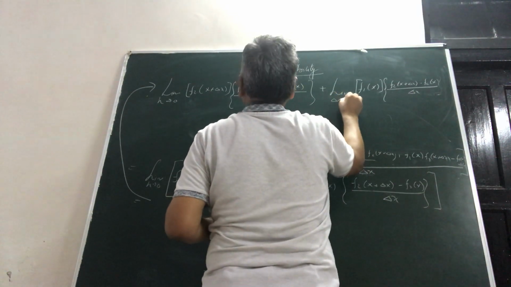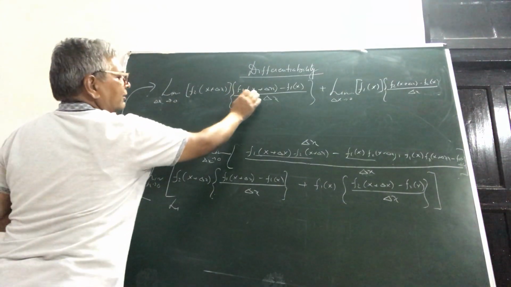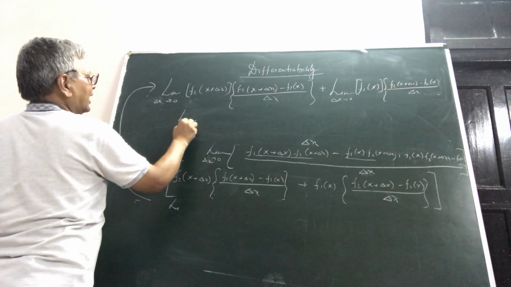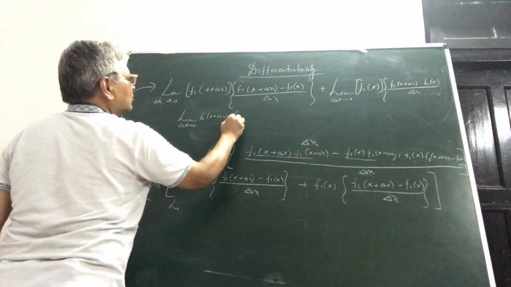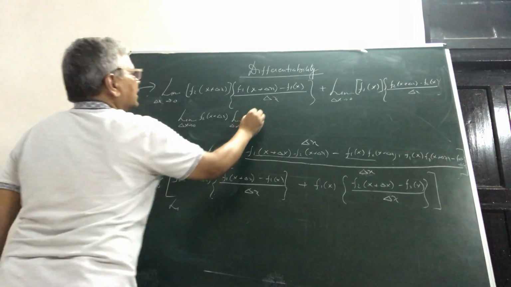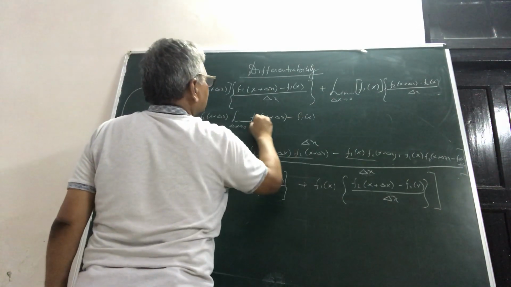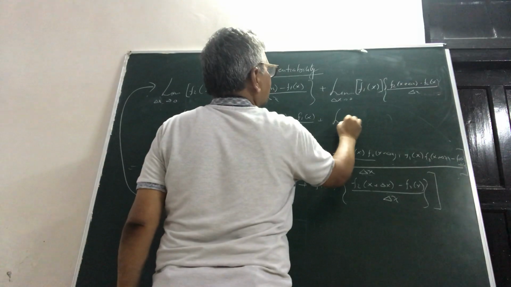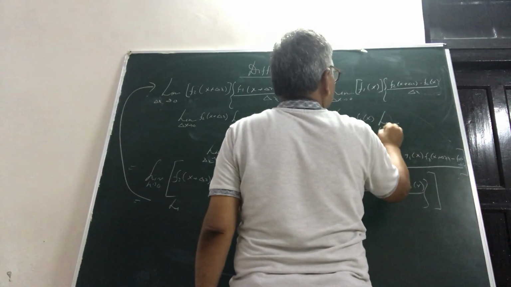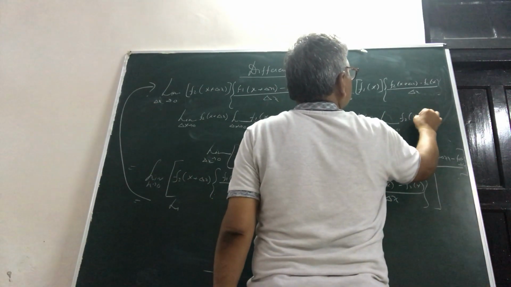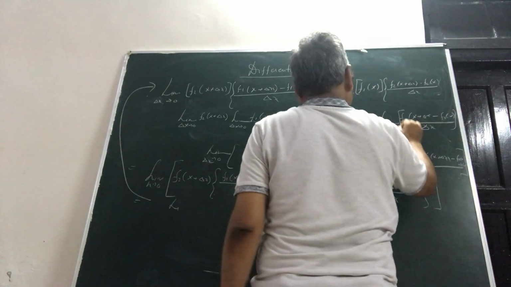Here also I have to change to Δx. So the limit of a product of two functions, again I can write as: limit Δx tends to 0, f2(x + Δx) into limit Δx tends to 0, f1(x + Δx) minus f1(x) upon Δx, plus limit Δx tends to 0, f1(x), and limit Δx tends to 0, f2(x + Δx) minus f2(x) upon Δx. Yes, this much you have to write.